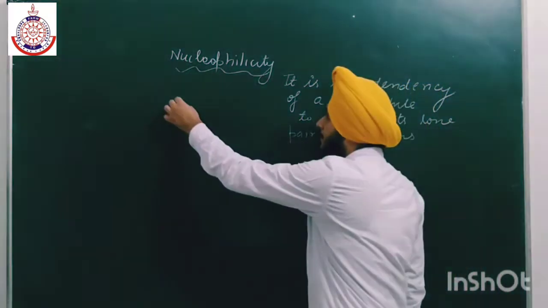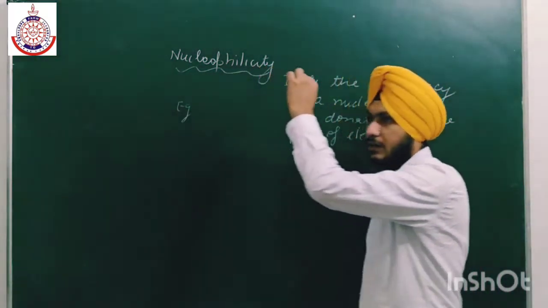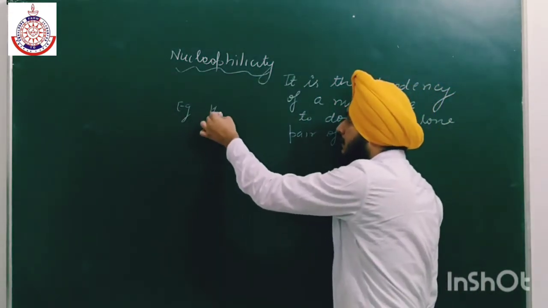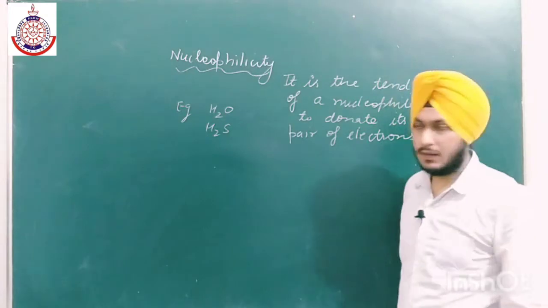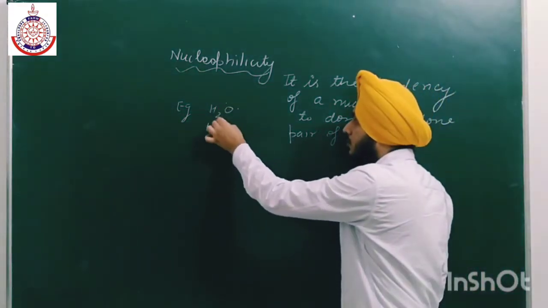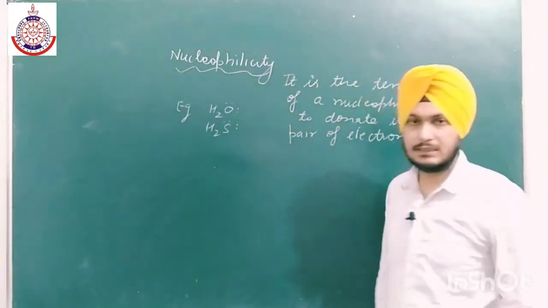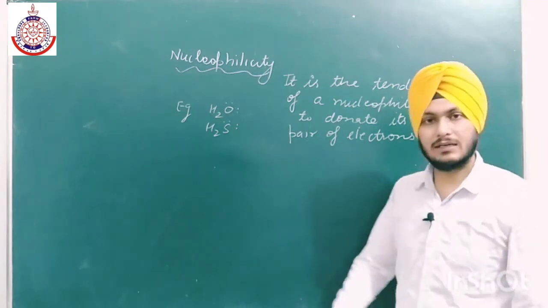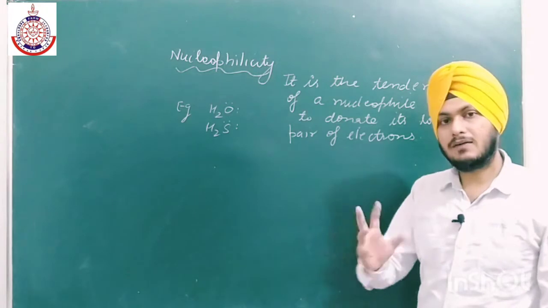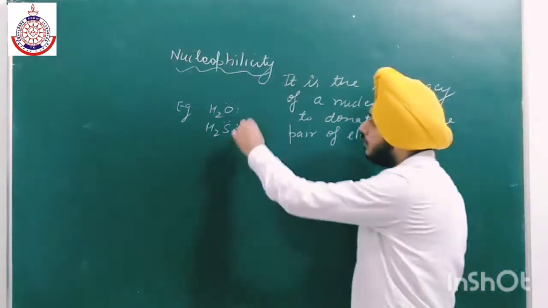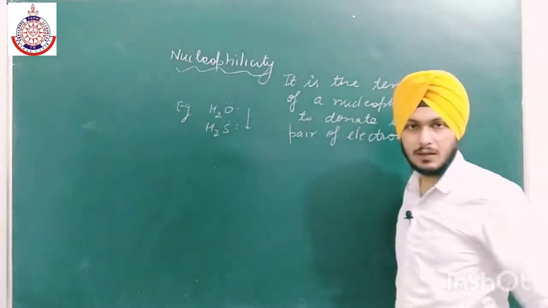For example, if we have water and hydrogen sulfide, both are nucleophiles because they both have two lone pairs of electrons. They can easily give their lone pair of electrons to any electron deficient species, but their nucleophilicity, their power, is different because we all know this is the same group case.